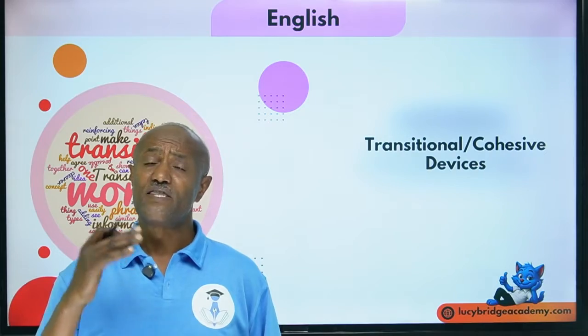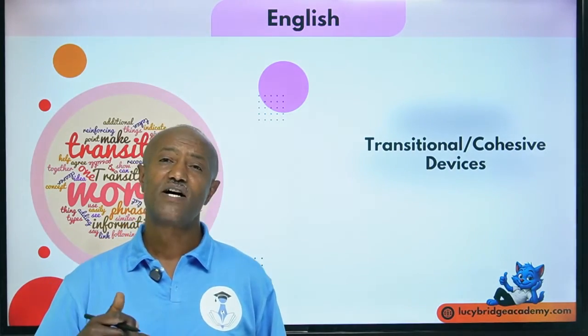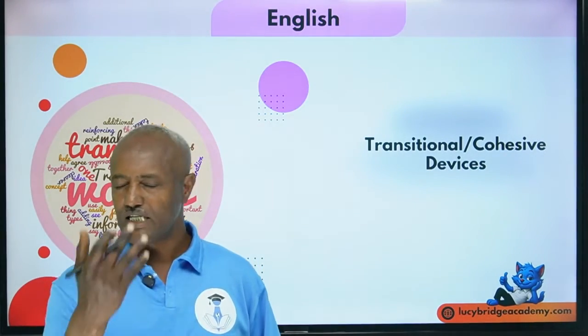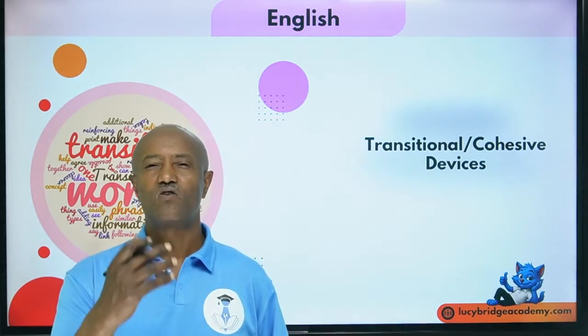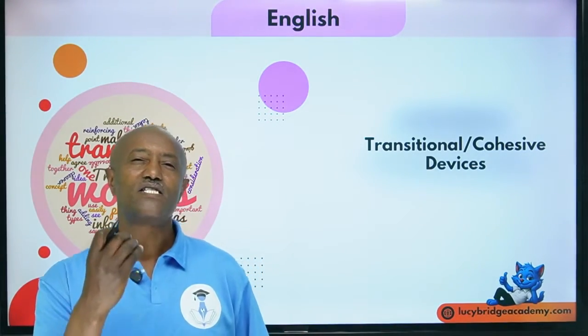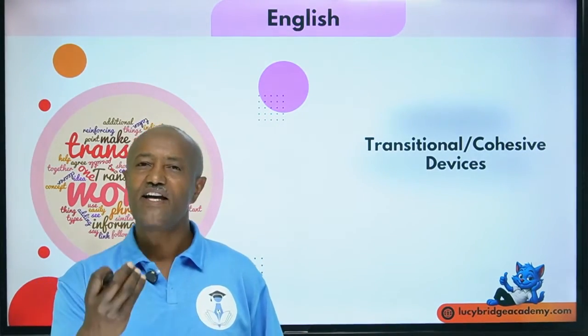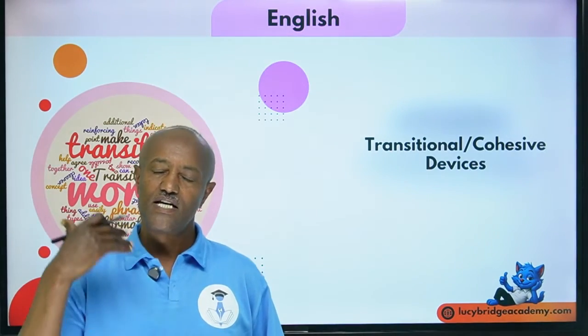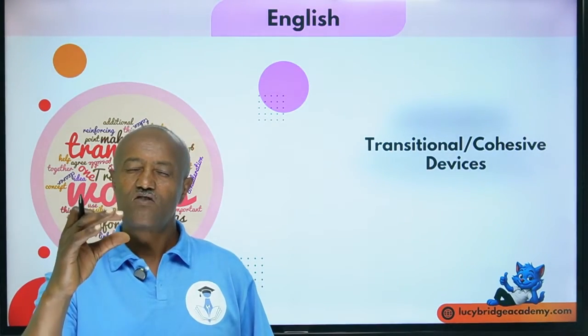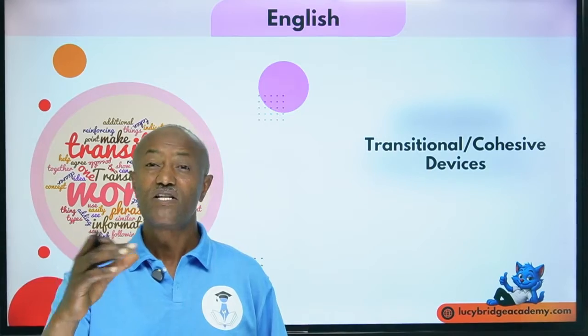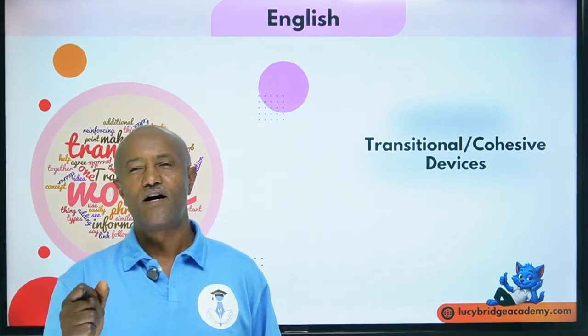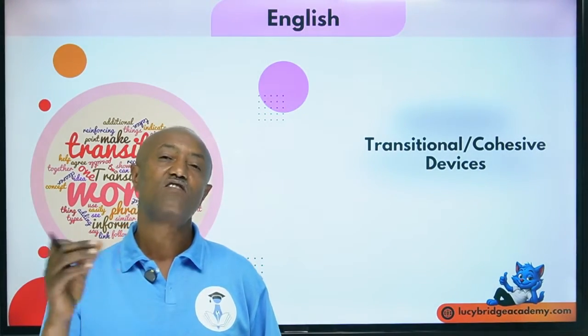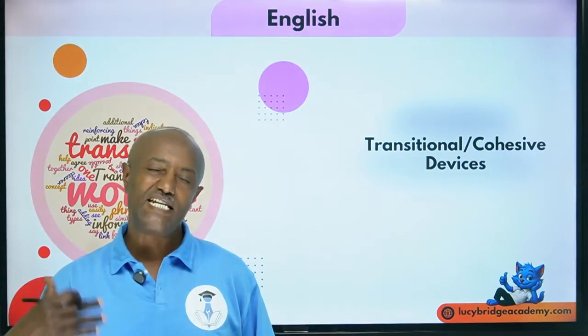The other topic is addition to remarks. I gave you two important or significant key ideas there. If there are two sentences, we use addition to remarks to avoid redundancy.